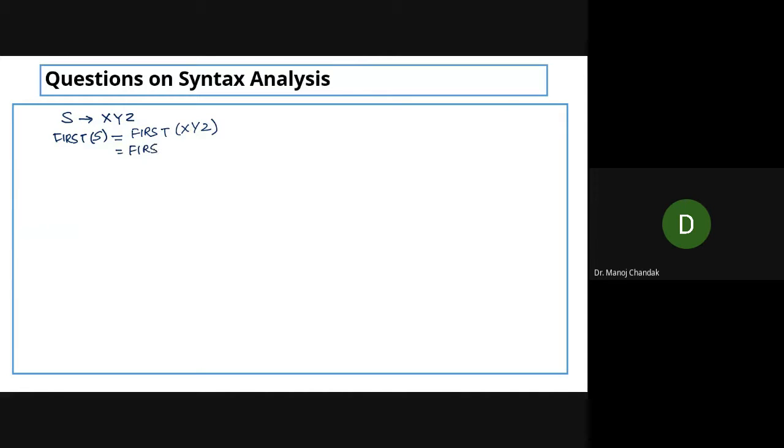If this first of x contains epsilon, then we move further. So we write first of S is equal to first of x minus epsilon union first of yz. Then this first of yz needs to be calculated.